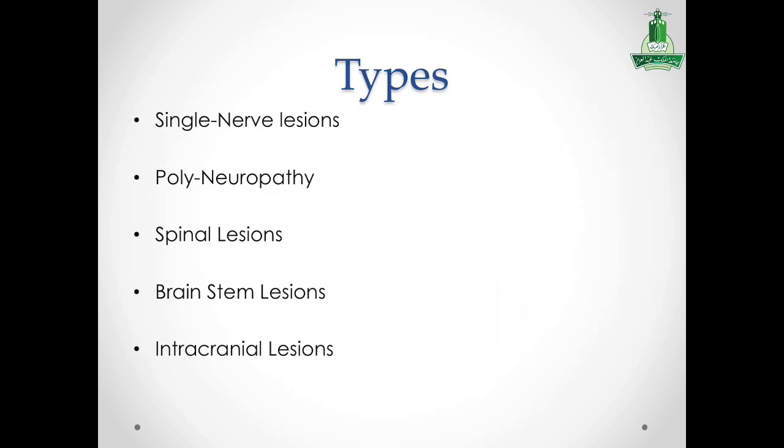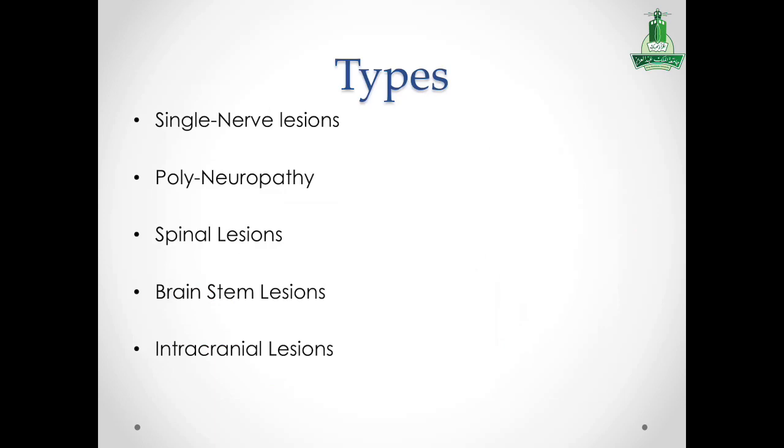These are lesions that can be seen at the level of the medulla or pons, for example. These include the second order neuron as it is ascending through the brainstem. The last type is the intracranial lesions. Intracranial lesions are above the level of the thalamus, either in the fibers or in the somatosensory cortex itself.